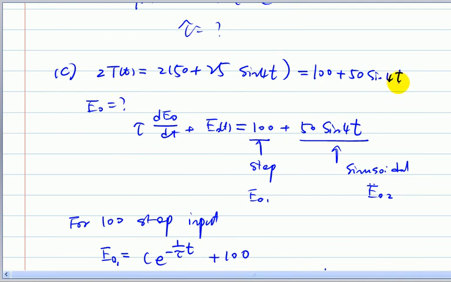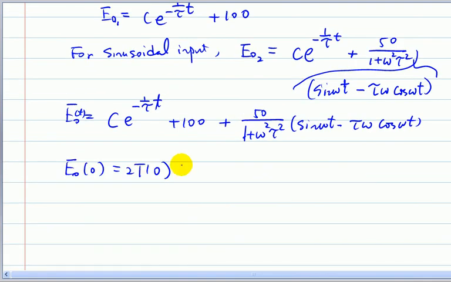When you substitute t equal to 0 here, that's basically 100. So that's your initial value, 100. Substitute this initial condition here, and you can solve for the C value. C equals 6.16.